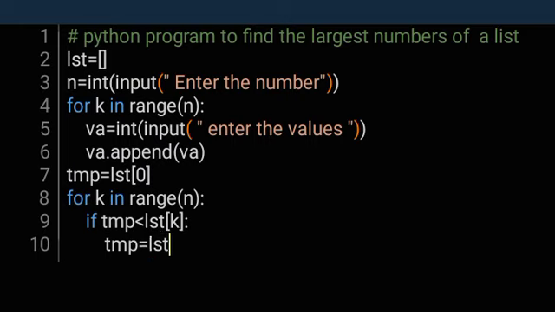So if we assume that the next value is less than k, it will assign. It has done that.